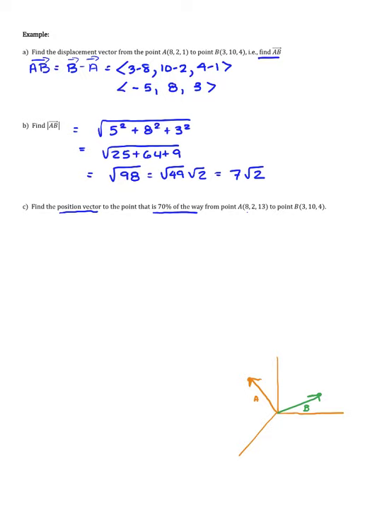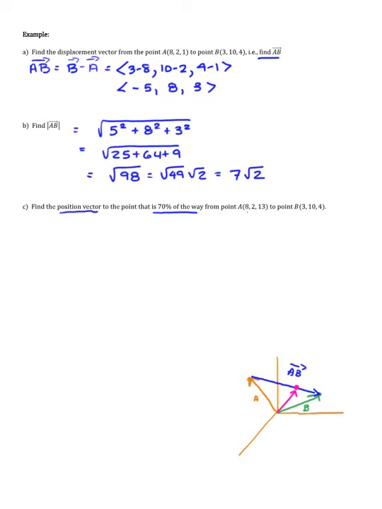The vector from A to B is this vector. And what we are looking for is the position vector that is 70% of the way, something that's coming out to here. So remember, this involves a path. The path that we are taking is going to look like this.